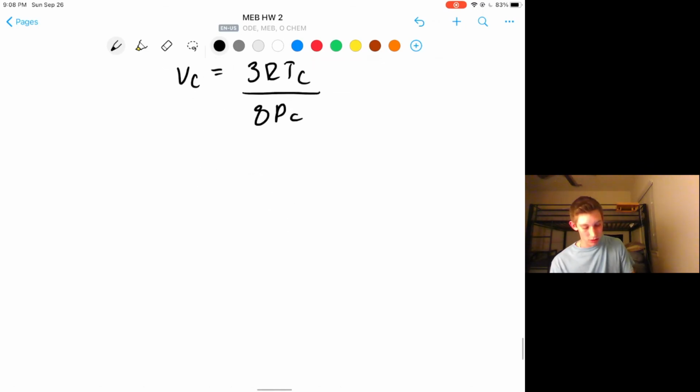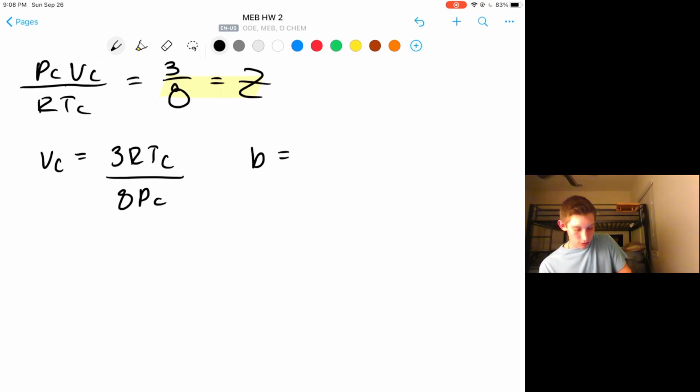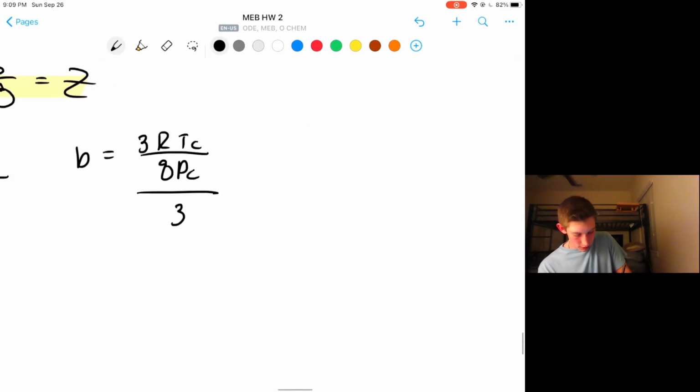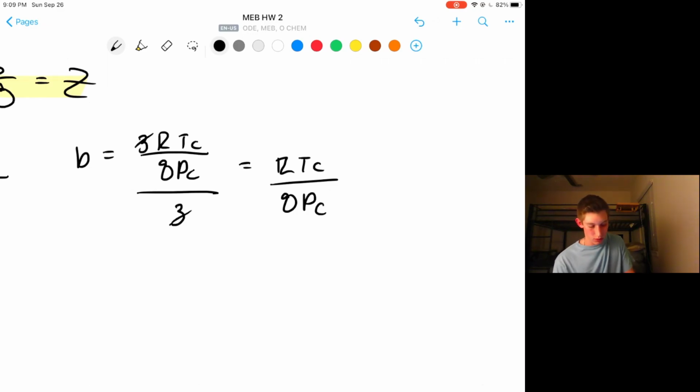So B equals our critical volume over 3, so 3 times R times our critical temperature over 8 times our critical pressure over 3. These 3's cancel out, so we're left with B equals R times our critical temperature over 8 times our critical pressure. So that's our B parameter for any real gas.